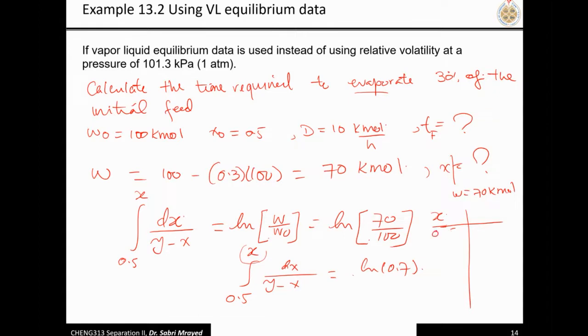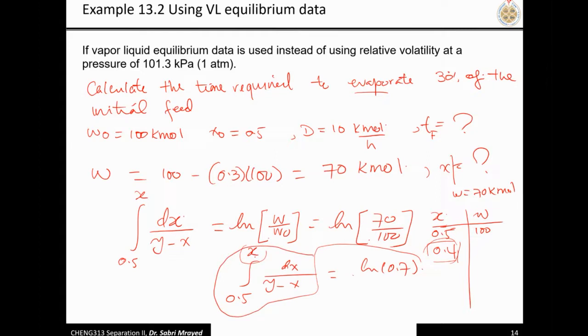We start with x0 of 0.5, and W here is going to be 100. Now the second one is going to be, let's say, 0.4. When I have x equal to 0.4, I take this x and use it in this equation.